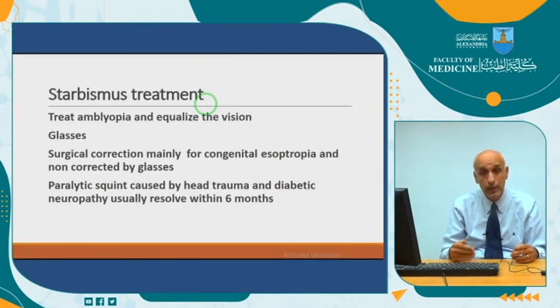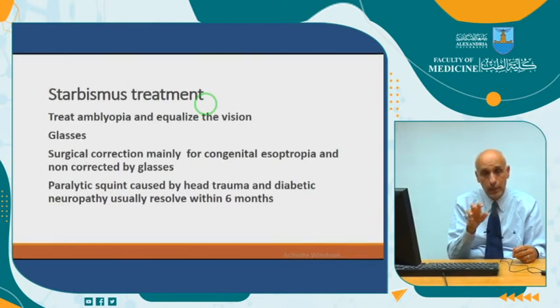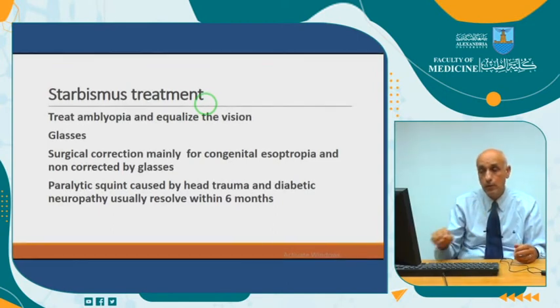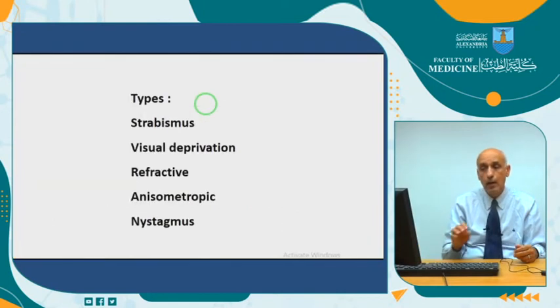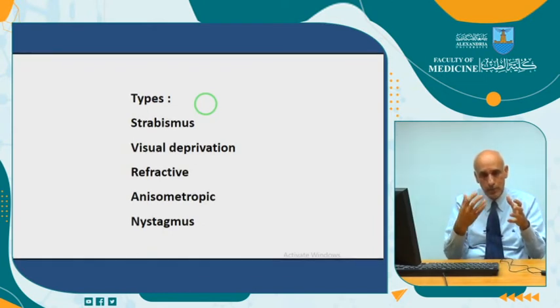This is why they do screening programs for children in school, in kindergarten, to detect any difference in refraction in both eyes, because amblyopia is caused either by strabismus, that means one child has strabismus, and due to this strabismus the brain will focus on the eye that is not squinting, so the brain will always concentrate on this eye and neglect the picture from the other eye.